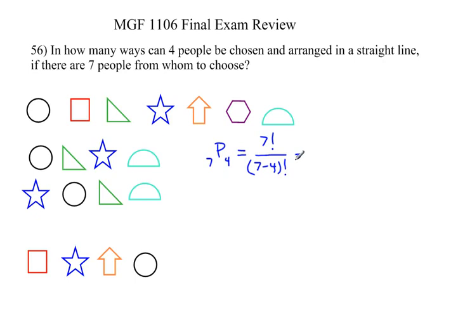The definition of factorial is 7 times 6 times 5 times 4, 3, 2, and 1. Since 7 minus 4 is 3, the denominator is 3 factorial, or 3 times 2 times 1. We can see this cancels with this in the numerator, and I'm left with 7 times 6 times 5 times 4.